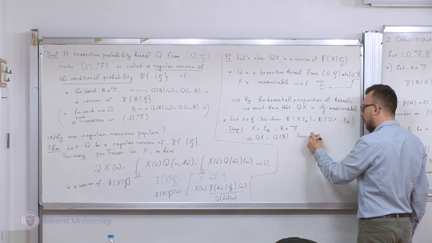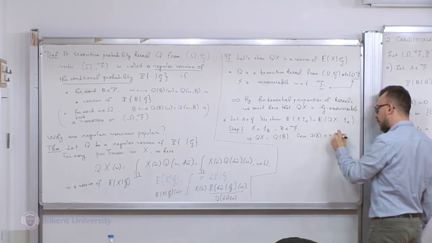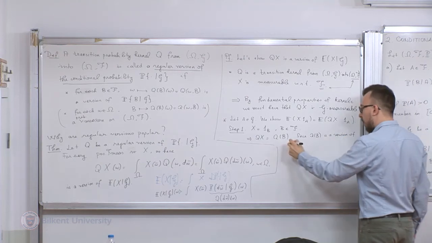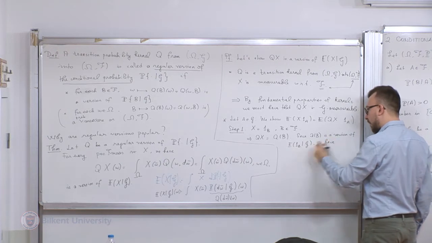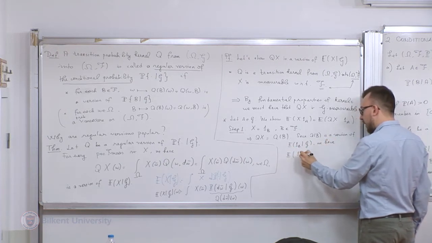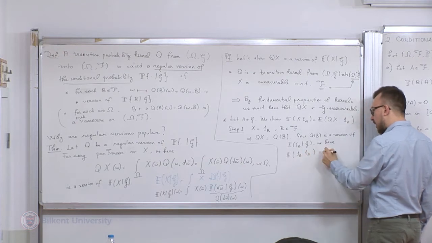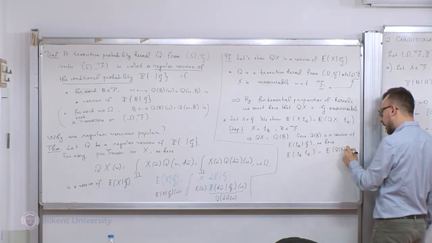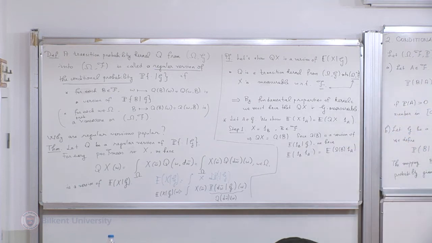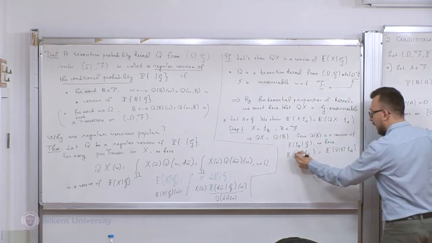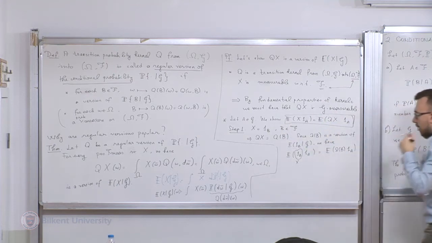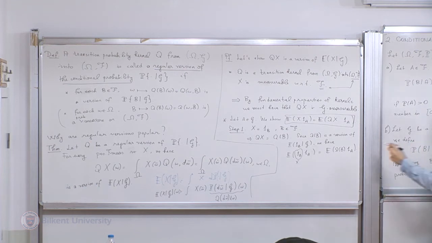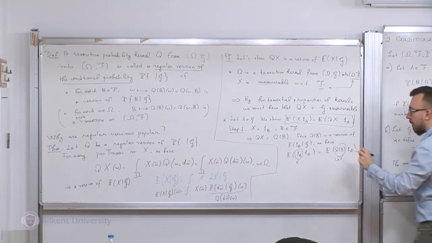Since QB is a version of indicator B given G, we have that the expectation of indicator B times indicator A is the expectation of QB times indicator A by the projection property. And this is simply Qx, right? So this is the desired property.